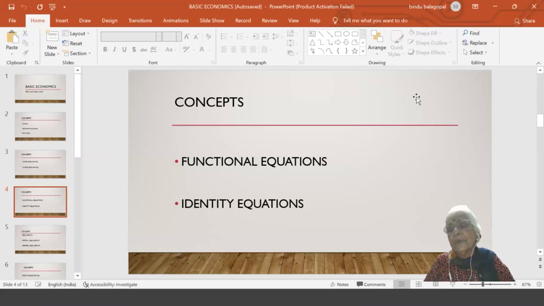In identity equations, what you find is a mere explanation. It is a truism, just a one-liner. In one line, you say, this is it. For example, income is equal to expenditure. Who doesn't know it? If you are taking up one whole economy, total income will be equal to total expenditure.